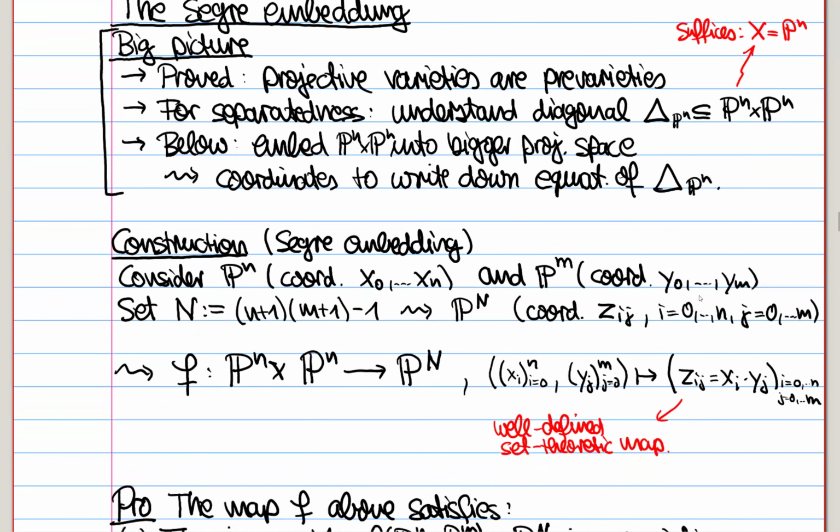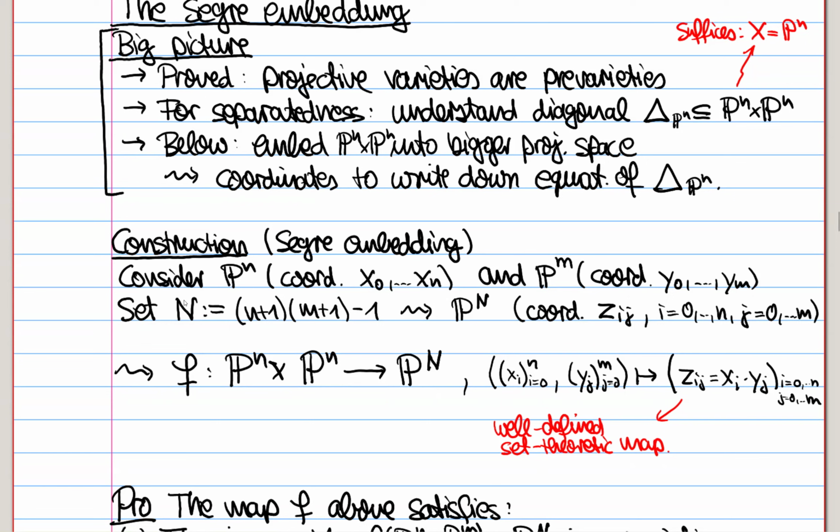And in fact, we can do this a bit more generally. We can't just embed P^n cross P^n, but we can embed a product P^n cross P^m inside a big projective space. And this goes via the so-called Segre embedding. So we consider one P^n with coordinates x_0 up to x_n, and one P^m with coordinates y_0 up to y_m.